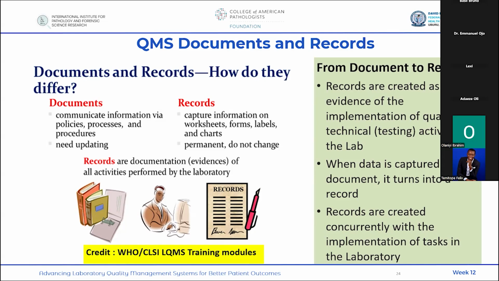Records are documentation or evidence of implementation of the quality management system, evidence of all activities performed by the lab. So when I say, show me something, or have you done something, what I'm asking is, show me the record of the activity that has been carried out by the laboratory.